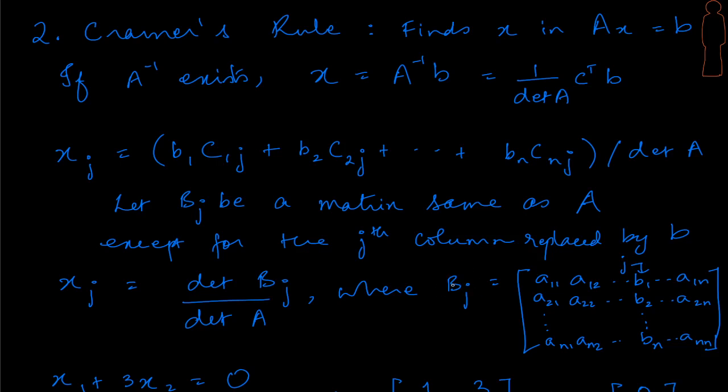And what is Bj? We copy the A matrix except for the jth column, replace it by the B vector, and that is my capital Bj matrix. Since this is the determinant of Bj, what is my solution? Xj is nothing but determinant of Bj divided by determinant of A, right? That's it, we got it.